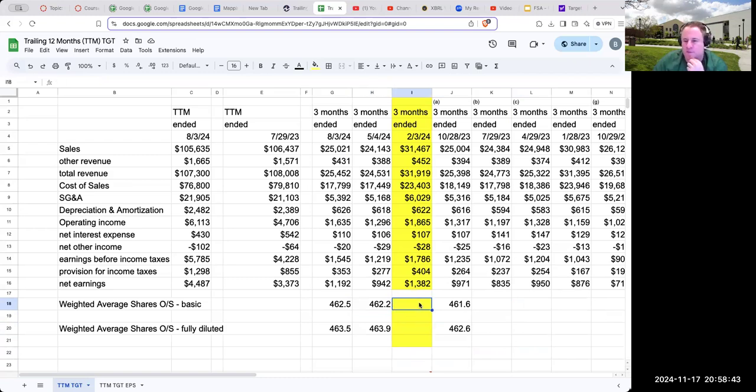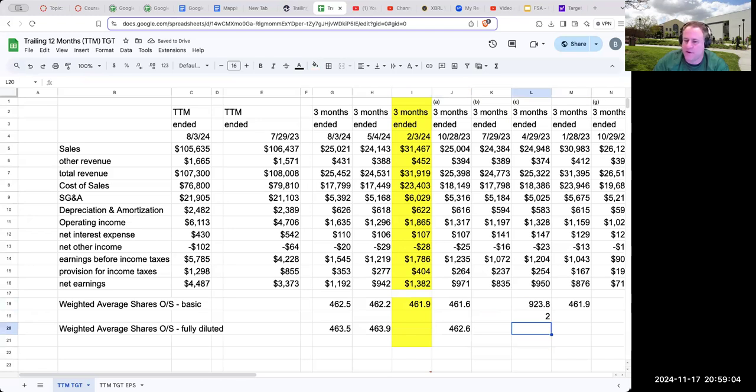But when it comes to the 3 months ended 2/3/24, I'm going to make my best estimate. I'm going to add up the months in between and divide this by 2, and I'm going to get 461.9.